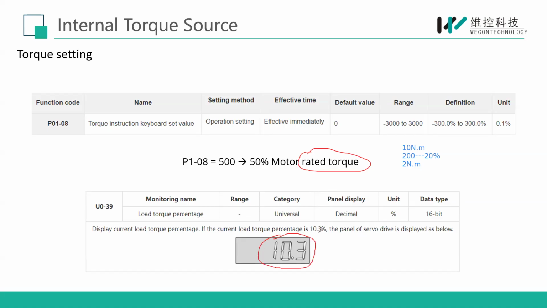For example, if our rated torque is 10 Nm, a reading of 10.3 means 1.03 Nm.